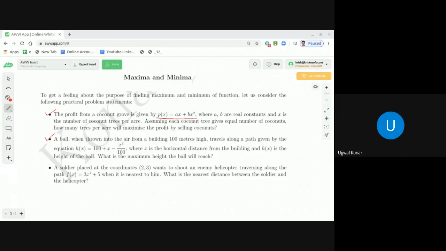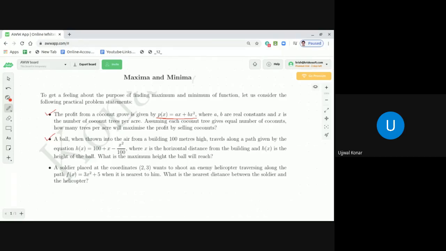Now the question is: what is the maximum height the ball will reach? This is the second example where maxima and minima are needed to answer the question.